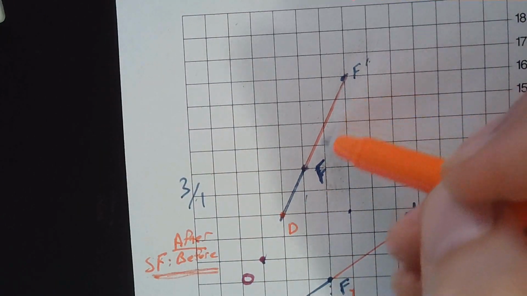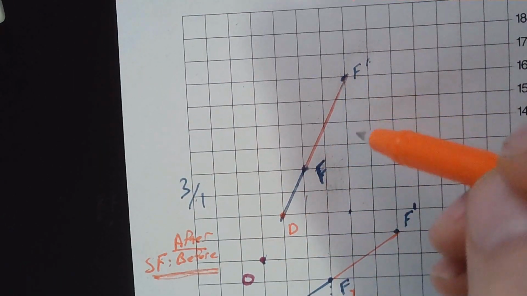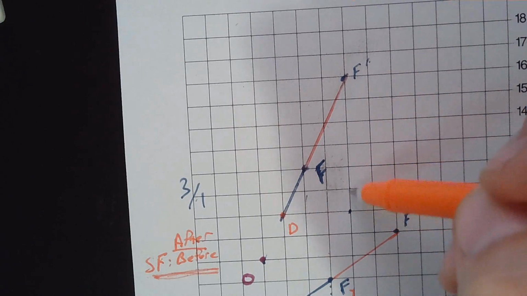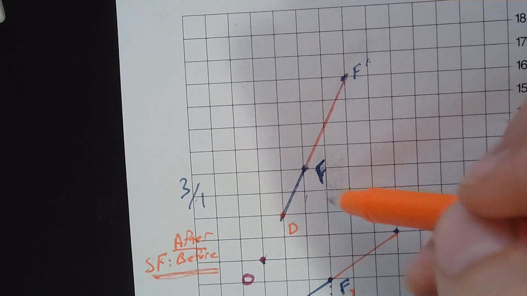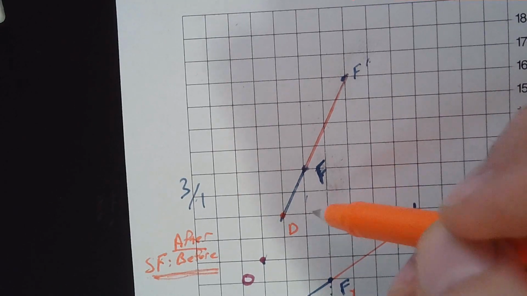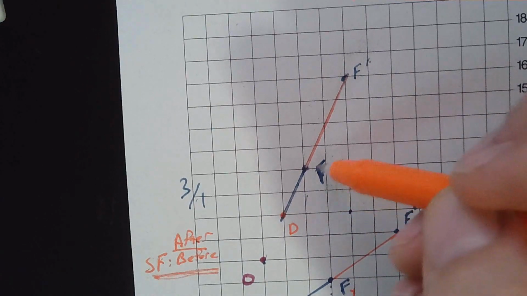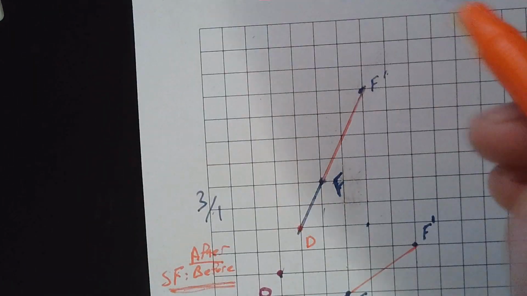That could be the length of a line segment. That could be the number of y's after divided by the number of y's before, or the number of x's after divided by the number of x's before, right? So remember that stuff, okay?